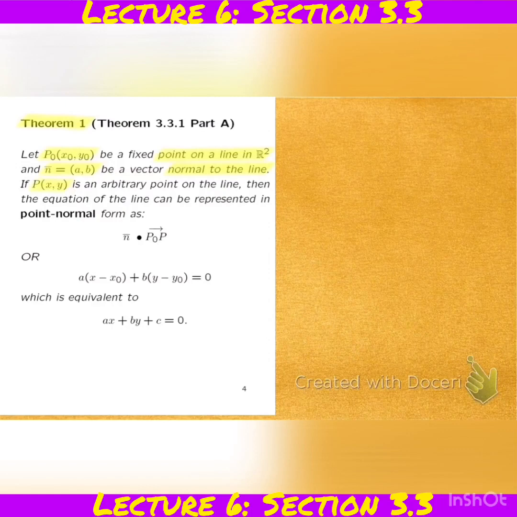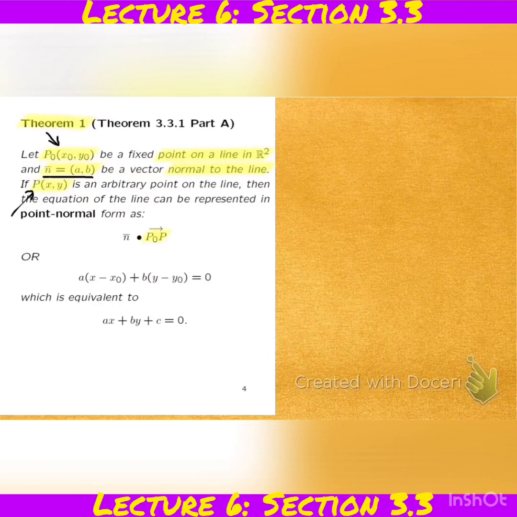You want to take the vector that has starting point P0 and end point P. You're calculating this vector here. Now you want that vector to be perpendicular to that normal vector.